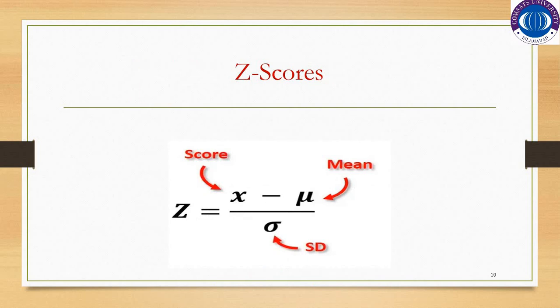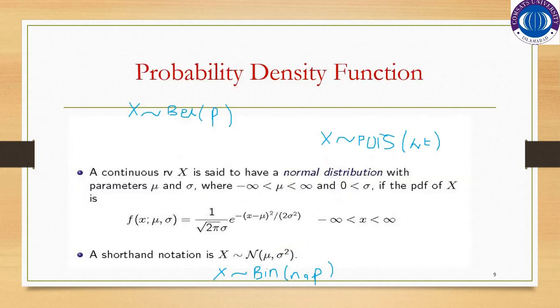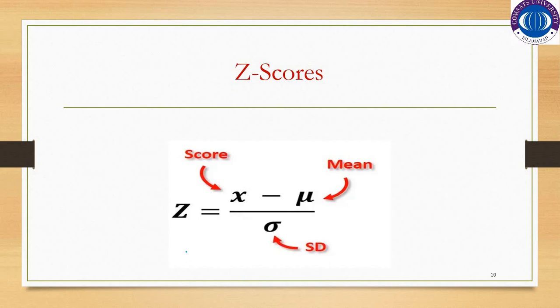Z-scores. The Z-score is basically x minus mu over sigma. You are transforming this random variable x into Z-scores by subtracting the mean of the distribution, which is mu, and dividing by the standard deviation.